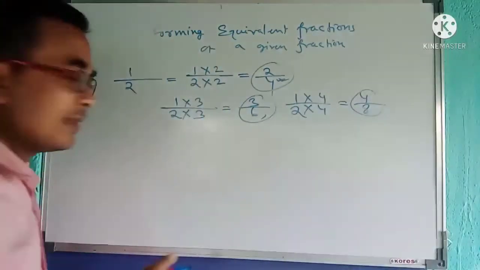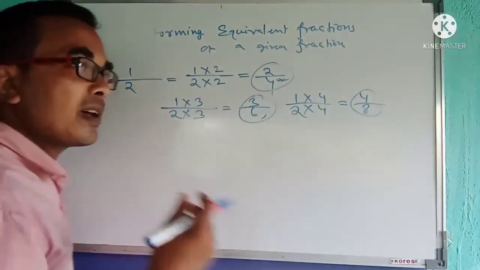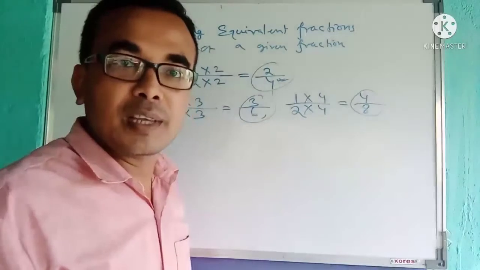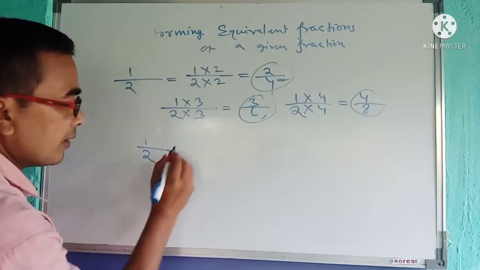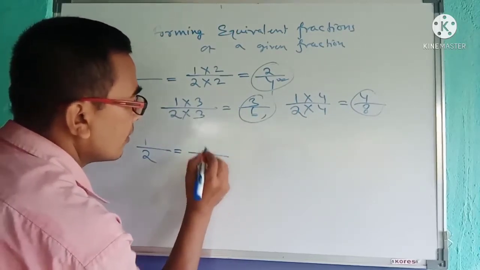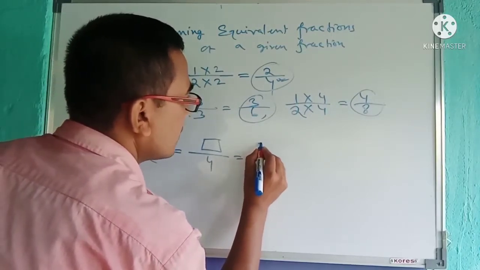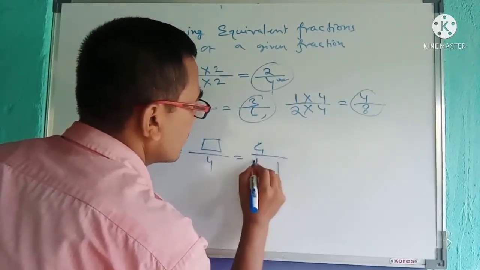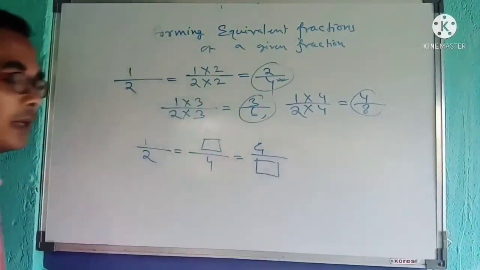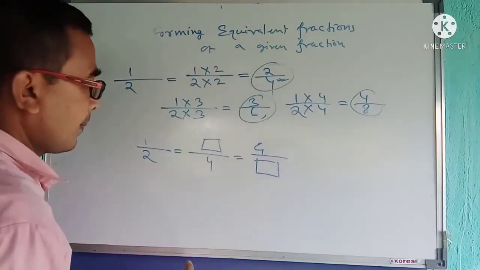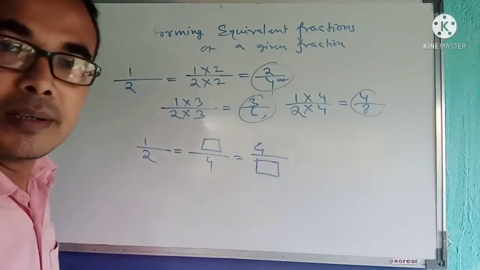Okay, in the exam what type of questions come? Basically I want to show you some fill in the blanks. You have to fill up those blanks. Like if you take this example, you have to fill up these 2 blank boxes, what the exact number will be there.